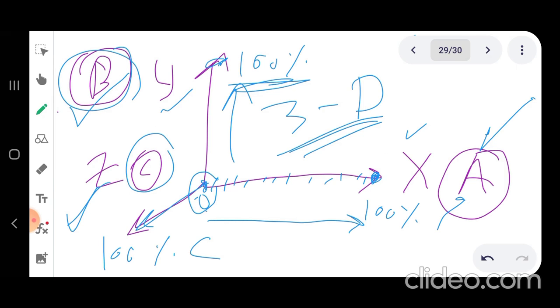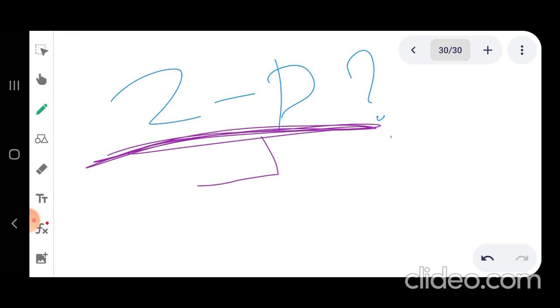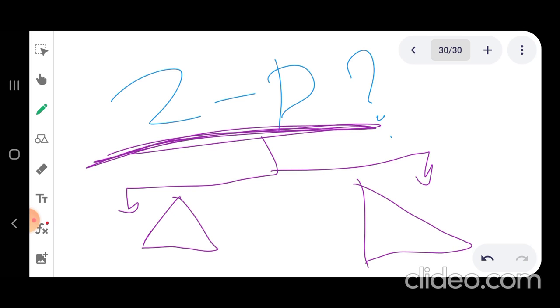The answer is yes. Mathematicians have come up with a brilliant idea, which is the triangular diagrams. The triangular diagrams have mainly two types. This two-dimensional diagram could be an equilateral diagram, or it could be an upright triangular diagram.